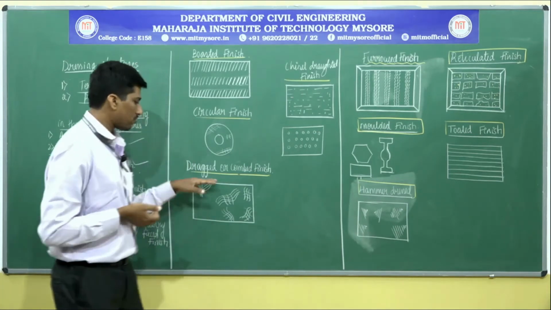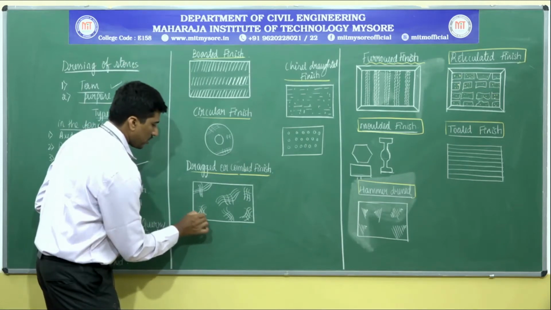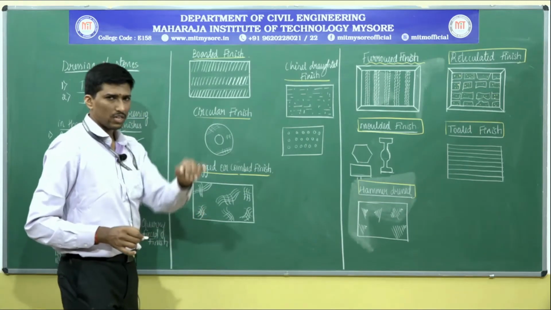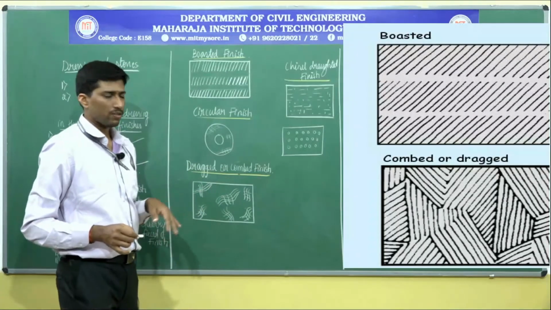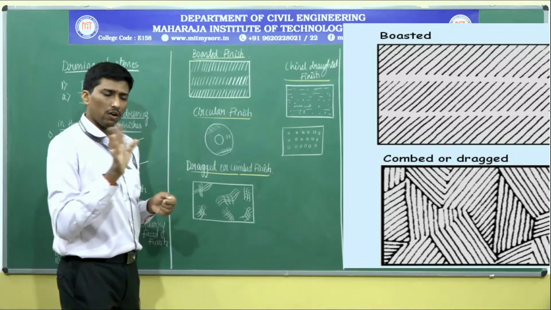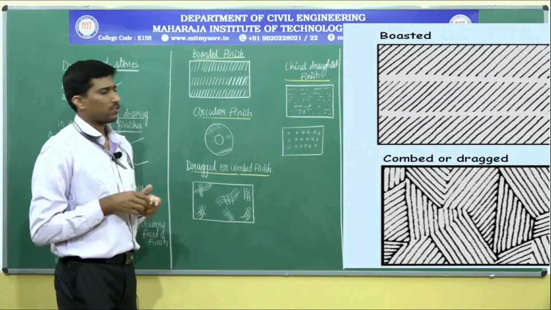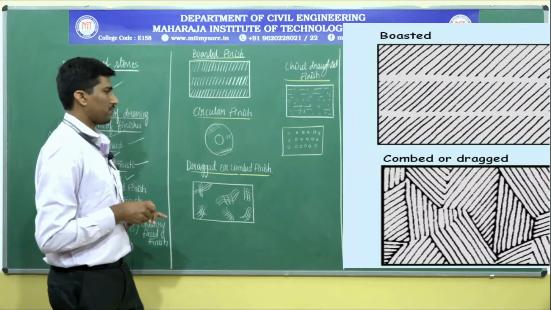They are carved out in a fashion that is curved in nature. This kind of dragging that has been made, we call the dragged or combed type of the finishing. It can be done horizontally or in any variations, and that we call a dragged or combed type of the finish.